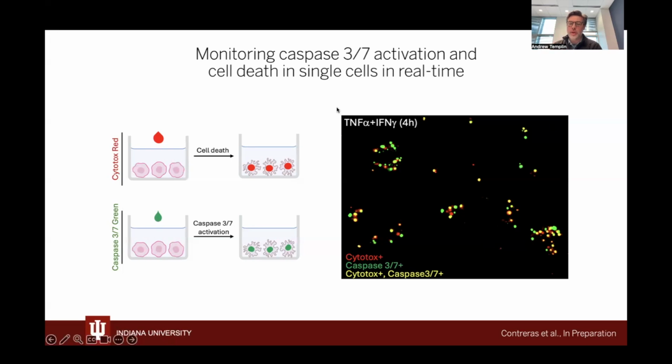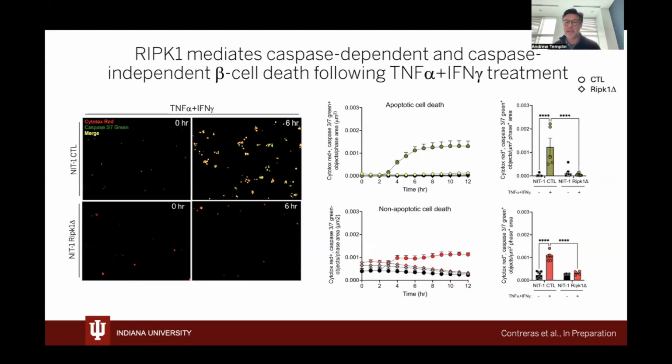We could co-label these NIT1 cells with both of these dyes over time in response to TNF and interferon. By doing that, we could see either Cytox-positive but caspase-negative cells, which are red, and we would call non-apoptotic cells. We can also see caspase-positive but non-dead cells in green. And we can also visualize yellow co-localized objects, which are both caspase 3,7 positive and dead. So we'd call those apoptotic cells.